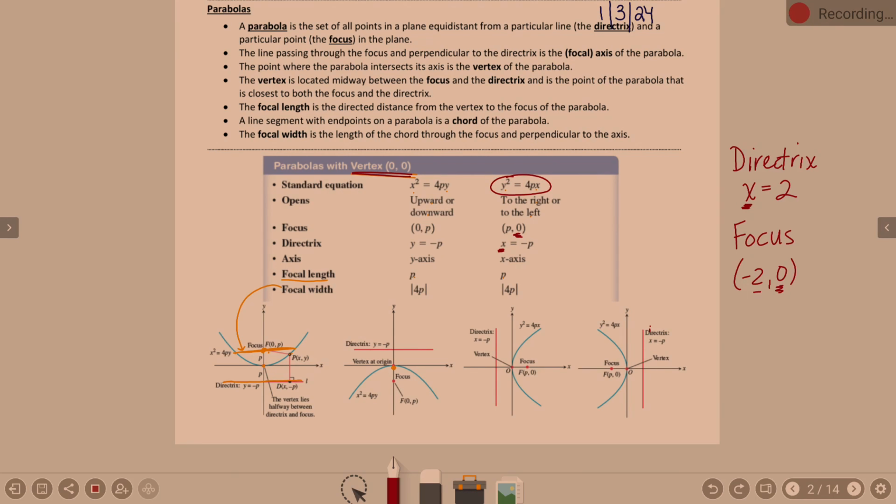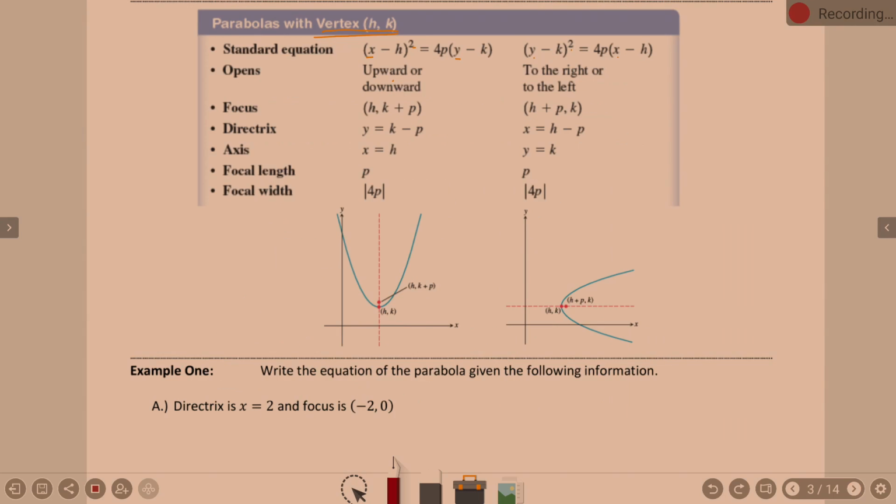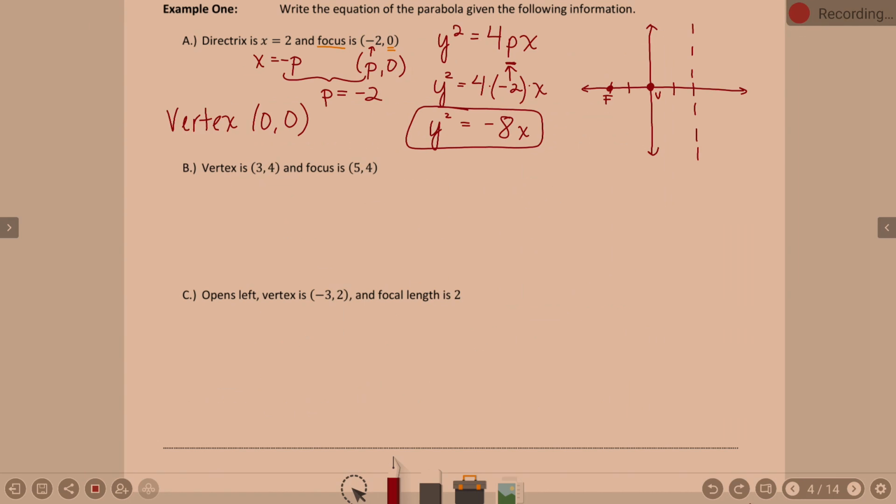The directrix is outside of it, yes? Where's the focus in relation to the parabola? It's inside of it, right? So with that in mind, if I want my focus to be inside the parabola and the directrix to be outside, which way is it going? It's going to open left, or at least that's what I would call open left.